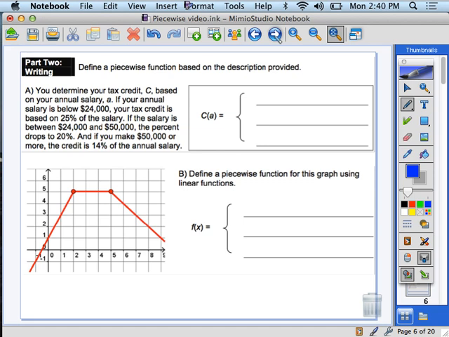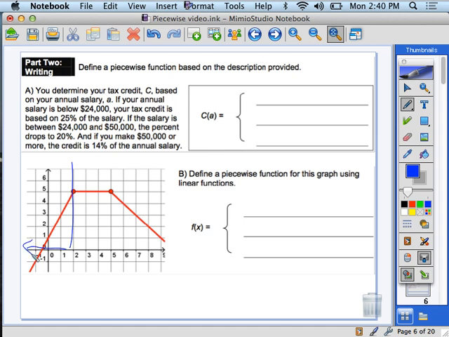If A is the amount that we are paying, then for the first part, this is the formula you're going to use.